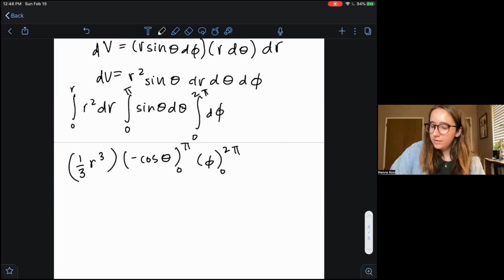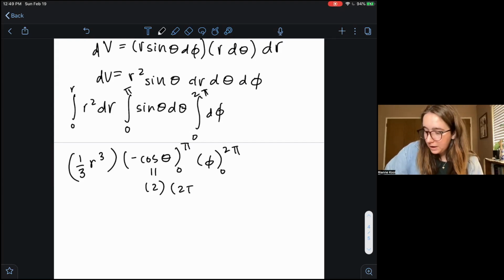So we already know that negative cosine theta from 0 to pi is equal to 2. The integral of phi from 0 to 2 pi is just 2 pi.